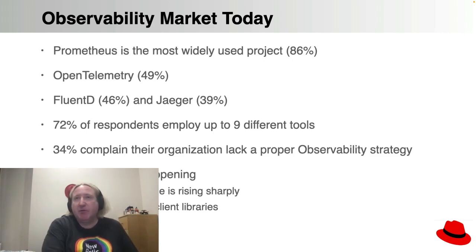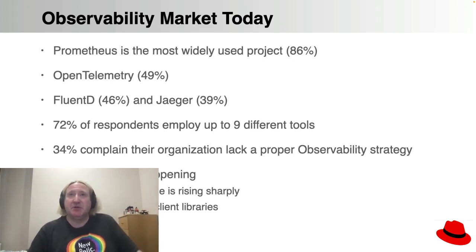This is, of course, a self-reported survey, and only the people who are actively interested and involved with observability will have responded to this. So it's important to treat this data with a suitable amount of seasoning. It's a big number, and it may not have as much statistical validity as we might think.